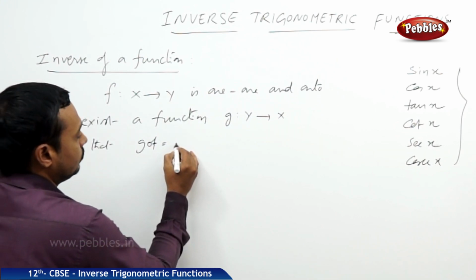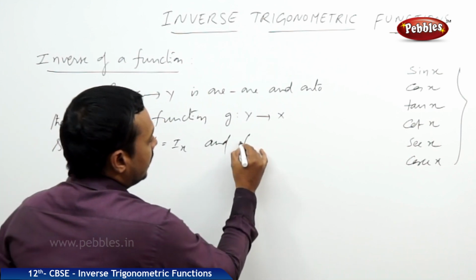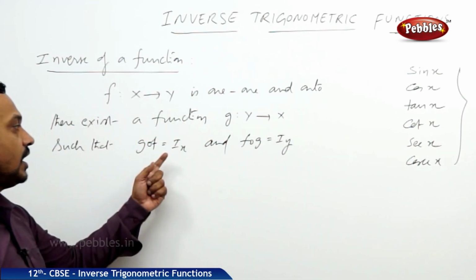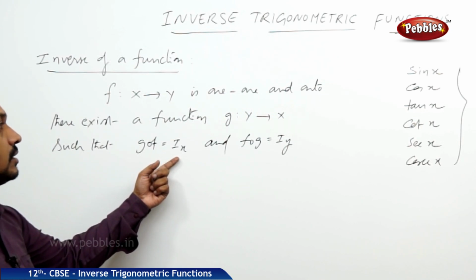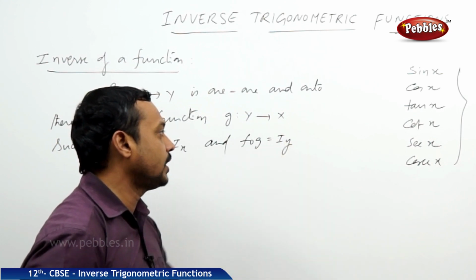is equal to ix and f circle g is equal to iy, where ix is identity function defined from x to x, iy is identity function from y to y.